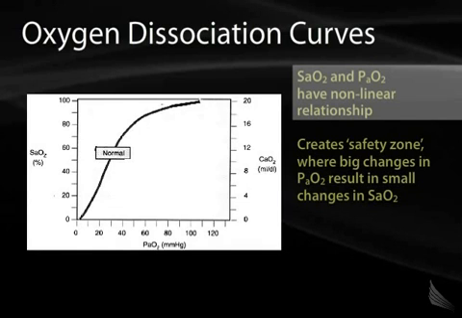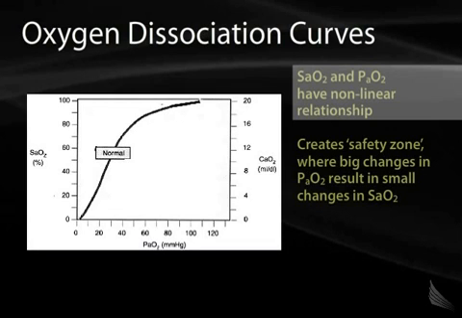What this graph is showing is for any given PaO2, or arterial oxygen tension, how much hemoglobin will be saturated, or how much hemoglobin will be bound to oxygen. So for example, from this slide, if we look at an arterial oxygen of 100, we would expect 100% of the hemoglobin to be oxyhemoglobin or bound to oxygen.